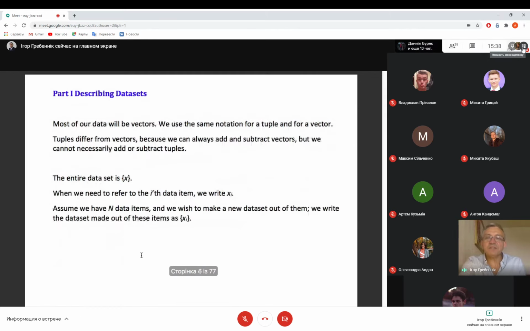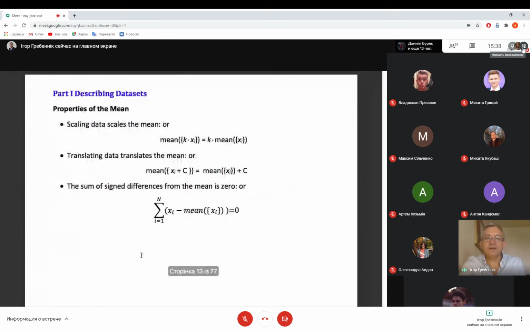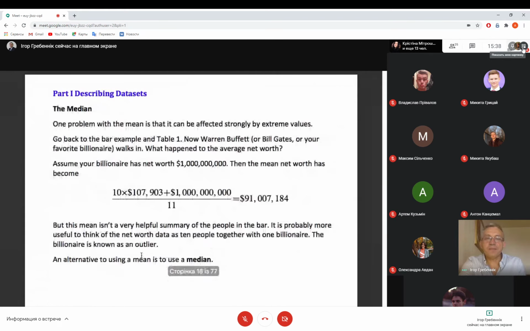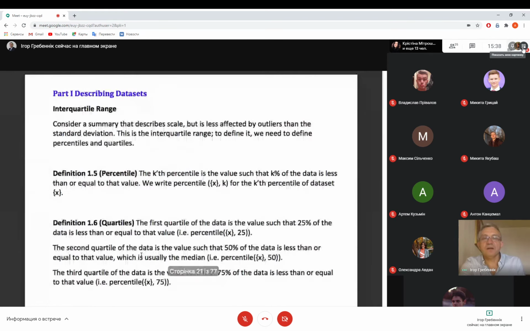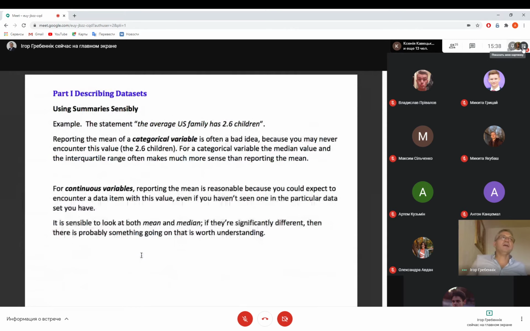Sometimes we consider numerical continuous data. Different characteristics should be used for different types of data. Let's consider some examples and comments.